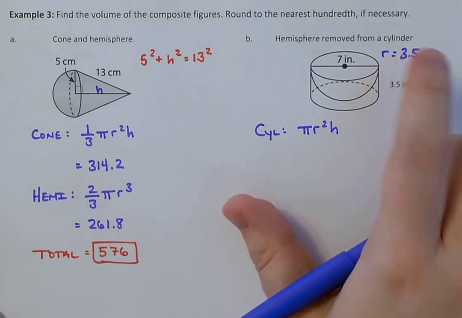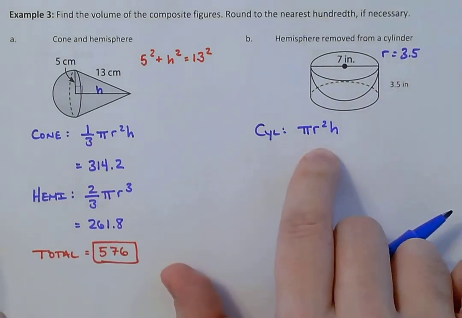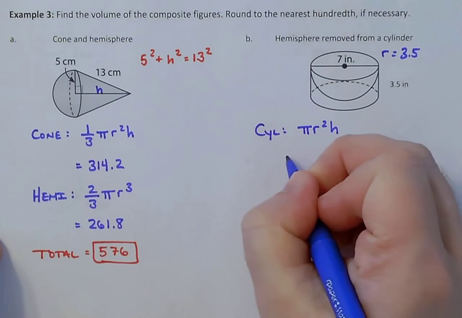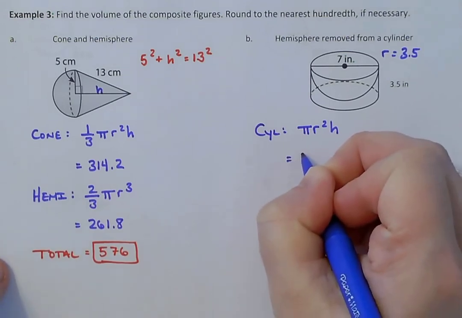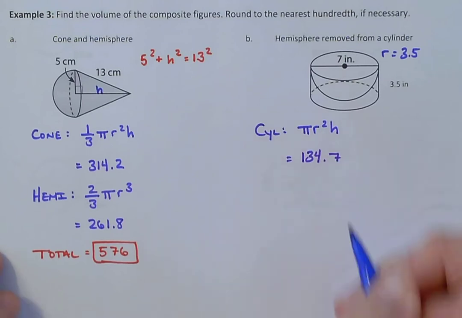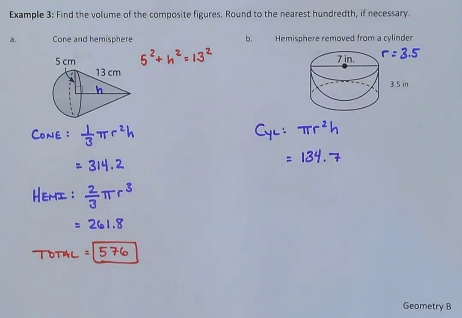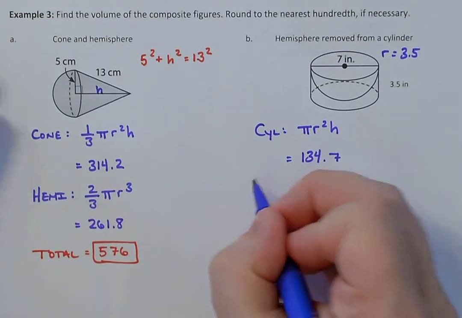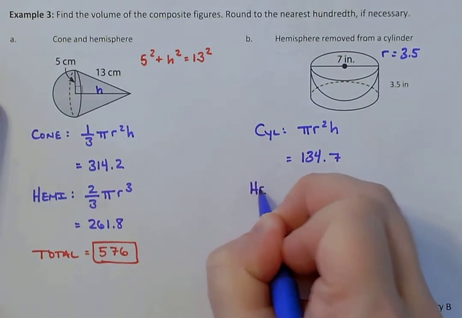So you know your radius, you know your height, you plug all that in for your cylinder, and you get a total volume of 134.7 for the cylinder.